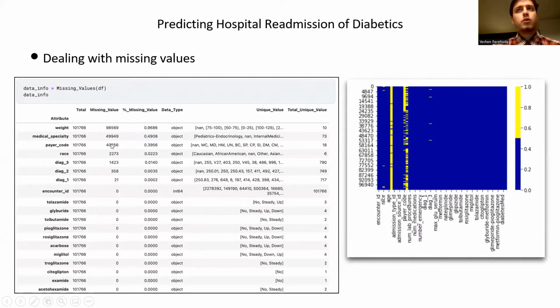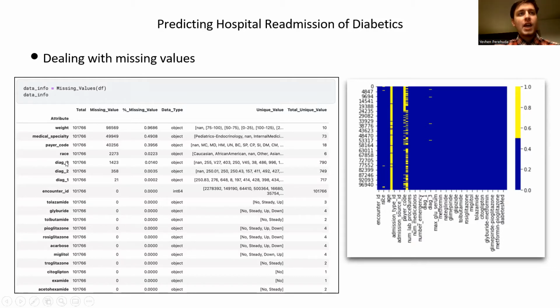So we can just remove these columns from our data set. Regarding the medical specialty attribute, we decided not to remove it because we read in the articles attached to the data set that the main experts recommend to save it because it has a strong influence on patient health.